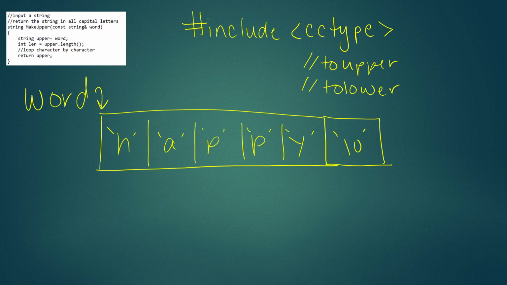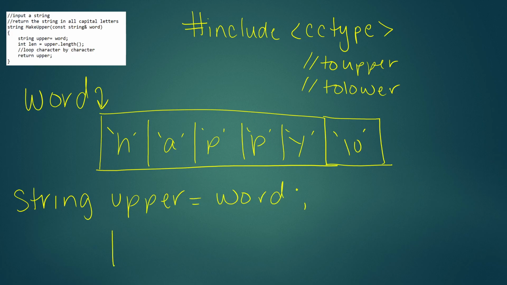So to do that, you just declare your string. This is inside of the function. You declare your string upper equals word, and that's going to make a copy of word.